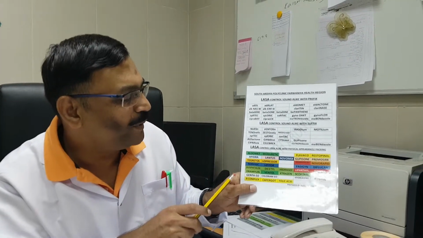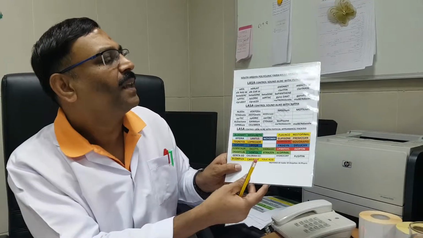Duspetalin, Dicetyl, Hydrasec, similar packing. The physical appearance is same. There should not be any mistakes. So, such kind of items you should keep away from each other. Don't keep Lipantil and Isoptin at one place. Don't keep Duspetalin and Dicetyl at one place. We can avoid the mistake.